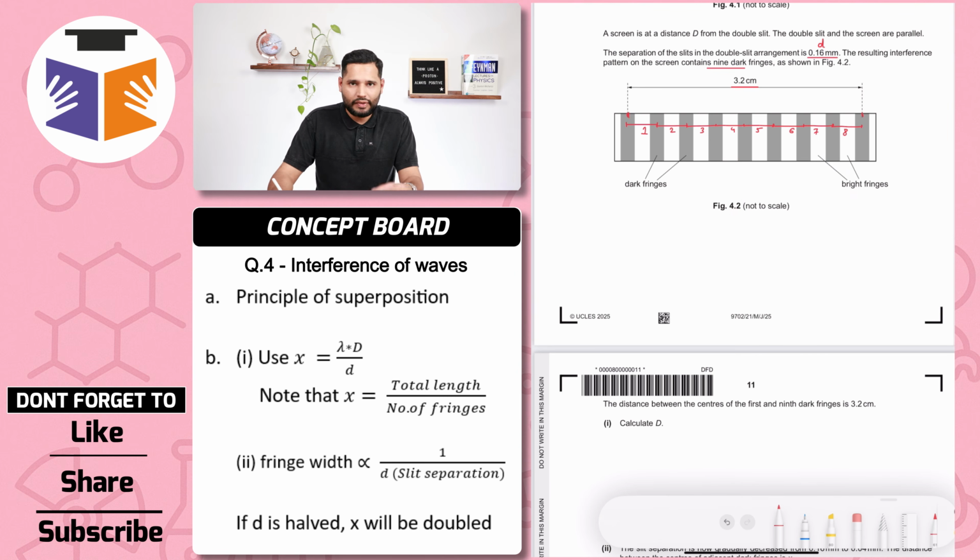Between these 8 fringes, the total distance given is 3.2 centimeter. So we can quickly calculate the fringe width over here, that is 3.2 divided by 8, that is 0.4 centimeter.